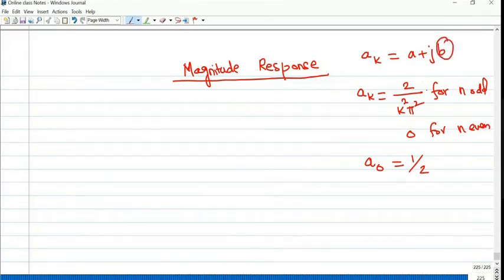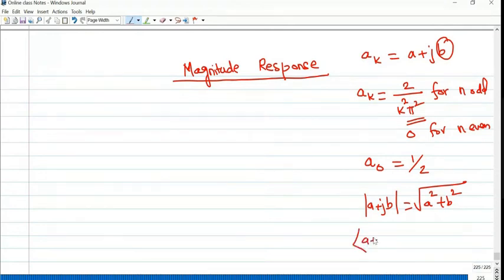Do you remember, for a complex number a plus jb, the magnitude, that is the modulus, equals root of a square plus b square. To find the angle of a plus jb, the formula is tan inverse of b by a. Here the imaginary part is 0, so 2 divided by k square pi square plus j0. Tan inverse of 0 by anything is 0, so 0 degrees only.